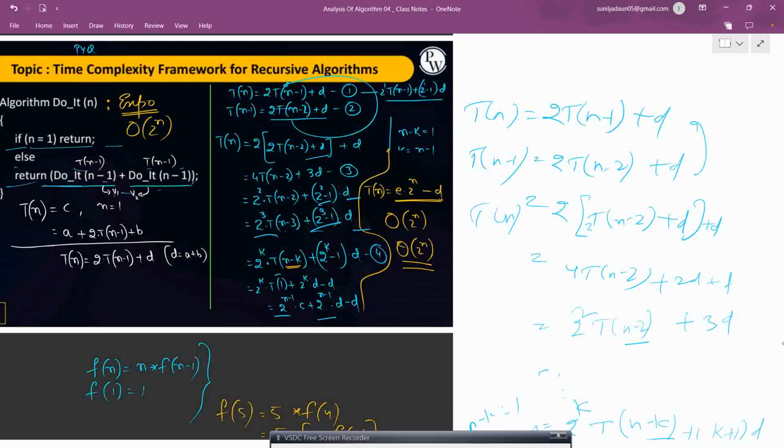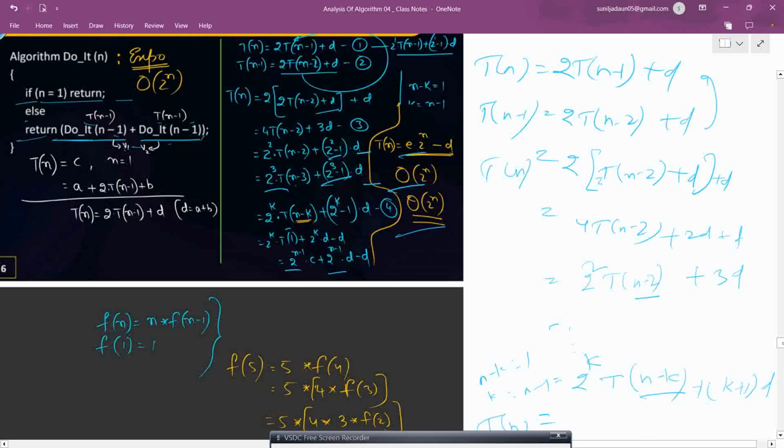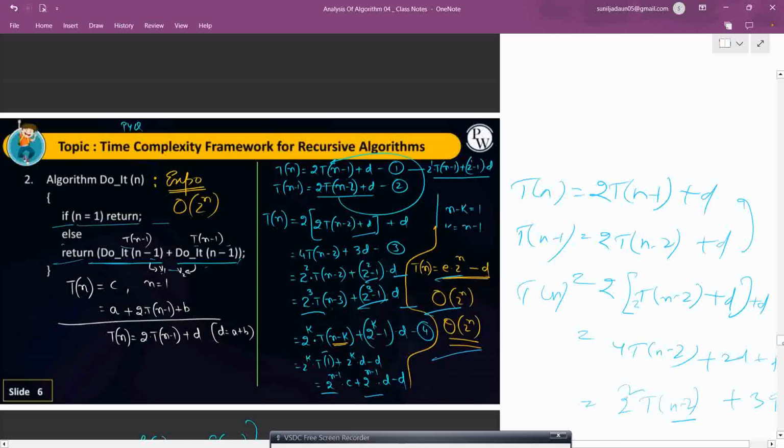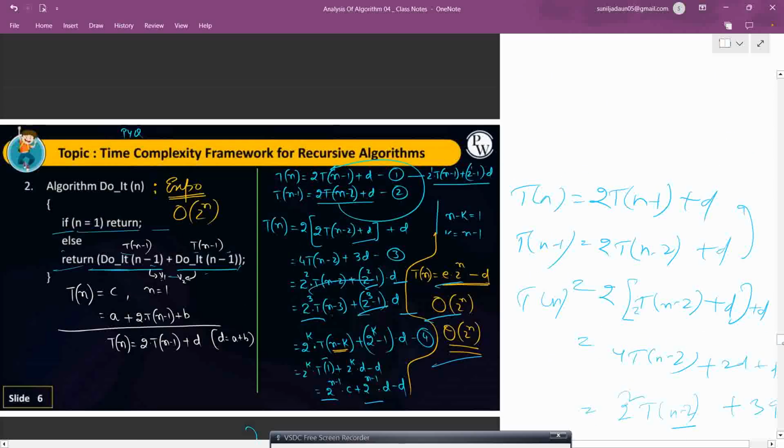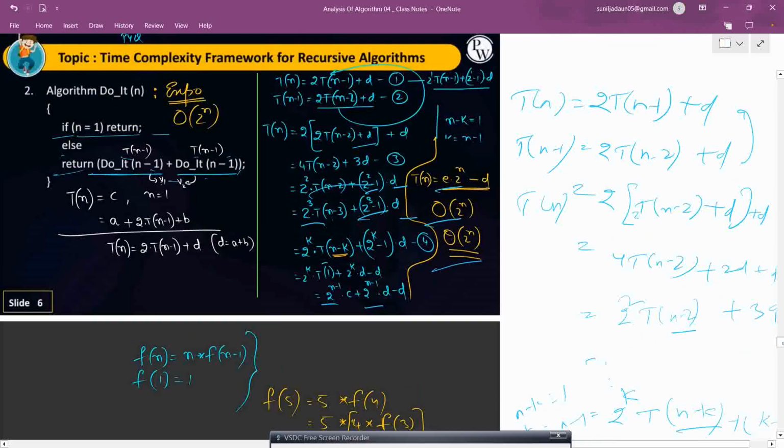And e into 2 power n minus d. So this is theta of 2 to the power n. This is how we do that. What mistake was I making in this case? Right. So right.